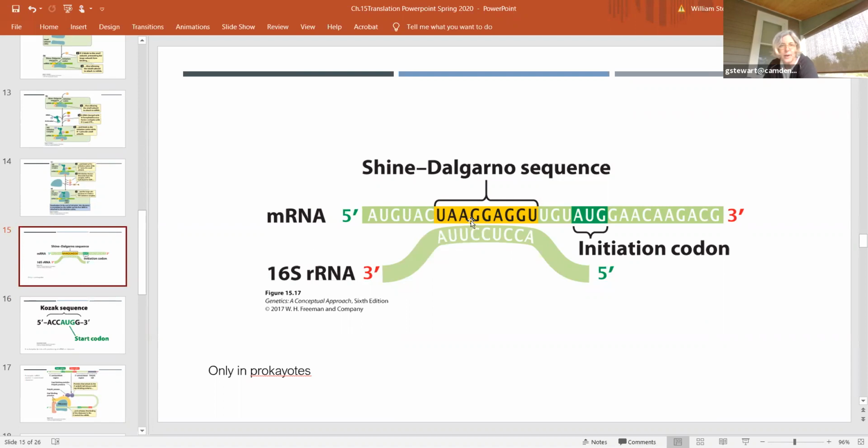This sequence is complementary to the ribosomal RNA, and that is going to help attach and orient the message so that it's in the right spot for translation to occur. Notice the initiation codon here, the AUG, is a little bit downstream of the Shine-Dalgarno sequence.